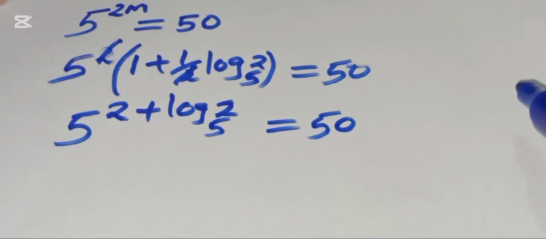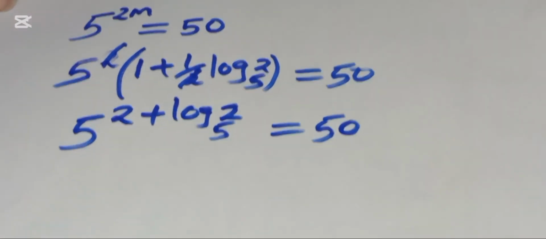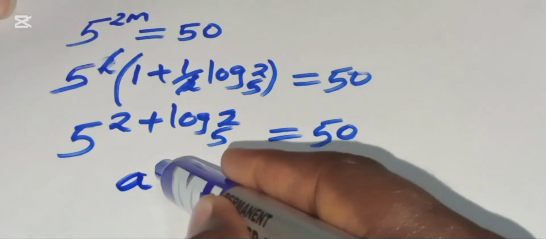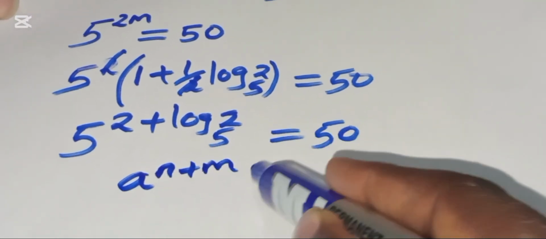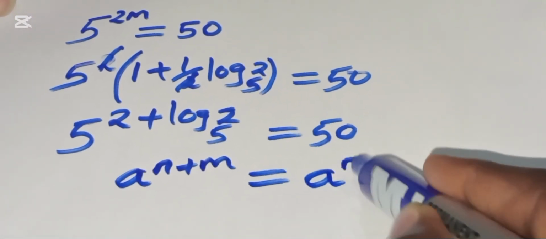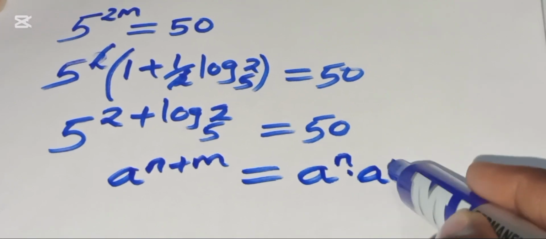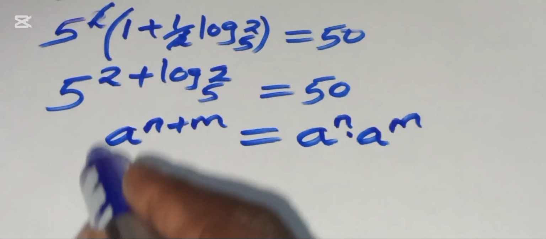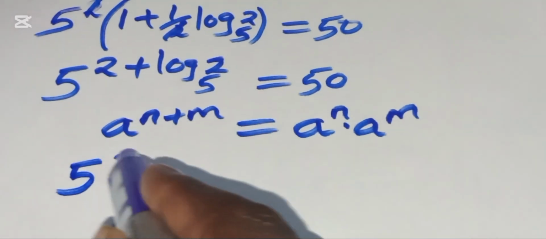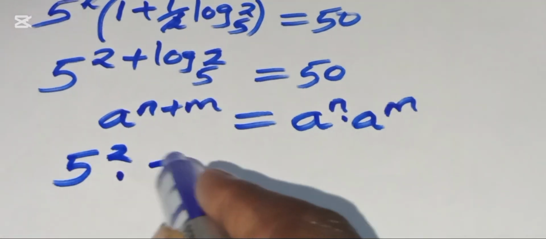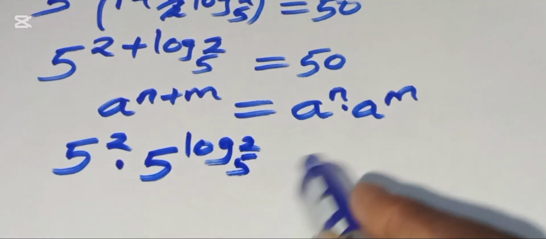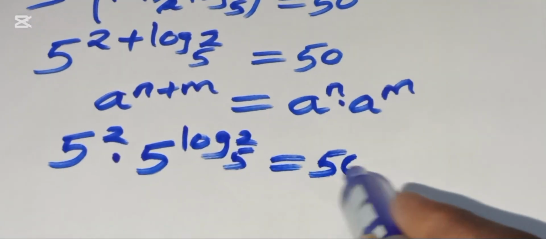Now as you can see, 5 raised to power 2 plus log 2 to base 5 is in the form of a raised to power n plus m, which we can transform as a raised to power n multiplied by a raised to power m. Let's apply this indices property. We'll have 5 raised to power 2 multiplied by 5 raised to power log 2 to base 5. This should give us a value of 50.